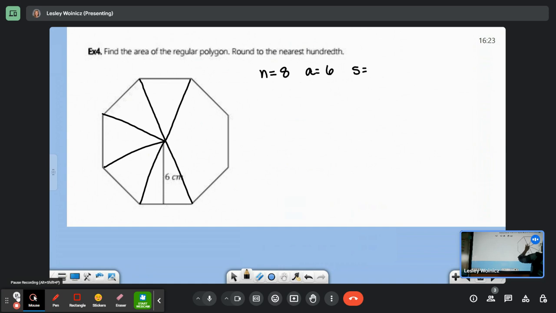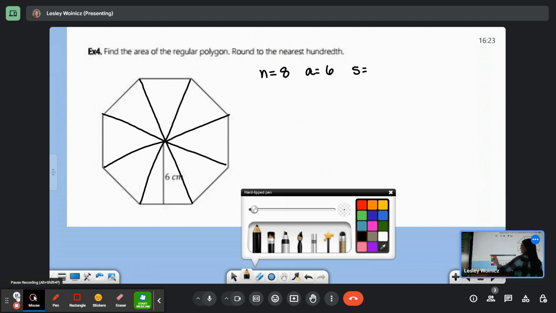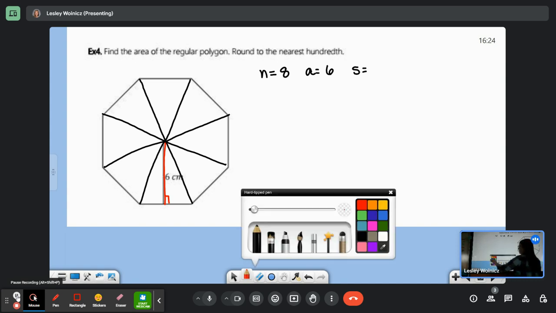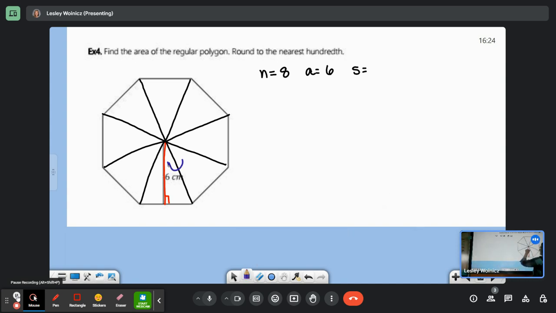This apothem is a little bit crooked. I'm sorry. We'll just pretend like it's not crooked. So this time I have the adjacent side to whatever this angle is.